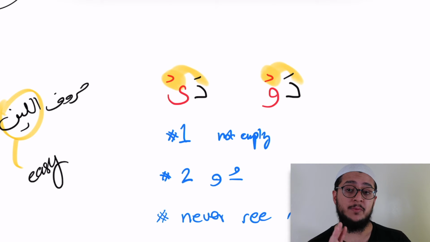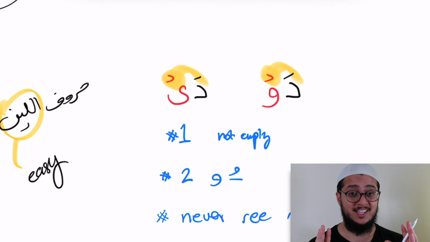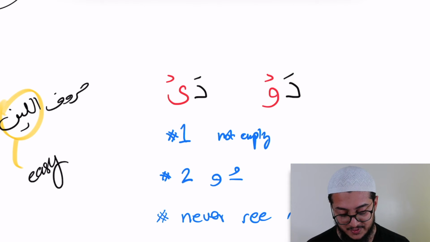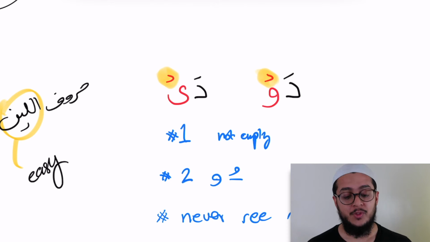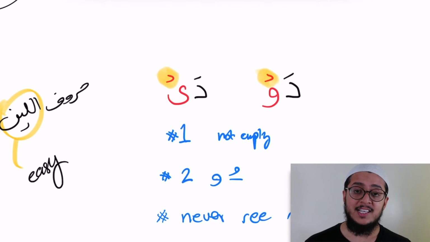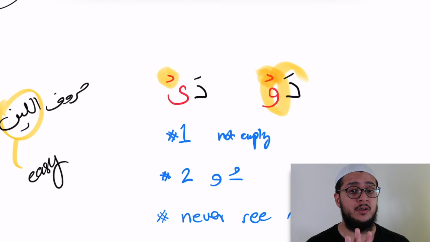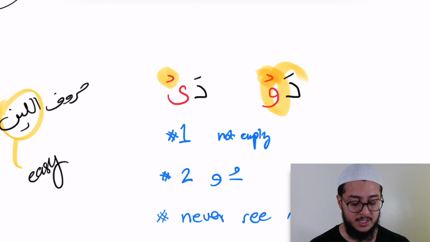For you to differentiate between stretching letters and easy letters, here is what you need to know. These letters are not empty from the top, they have sukoon on top. Also, these letters, for example, waw doesn't really come after a letter with the dhamma, because if it did, then it would be a stretching letter.